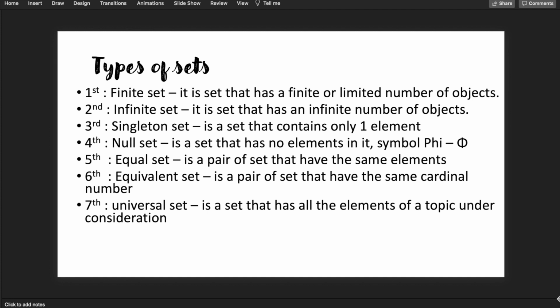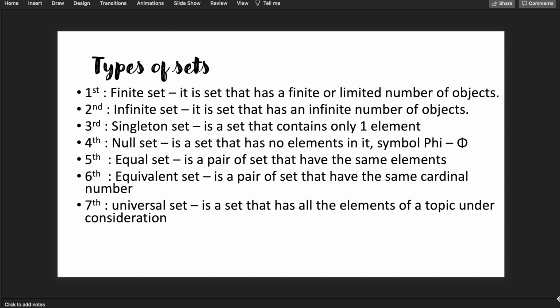Since I told you the order of the set does not matter, equal sets could be A equals 1, 2, 3, and B could equal 2, 1, 3. Those are equal sets. They're also equivalent sets because they have the same cardinal number. Set A's cardinal number is 3 and so is B's. Therefore, every equal set is an equivalent set, but the converse may not be true.